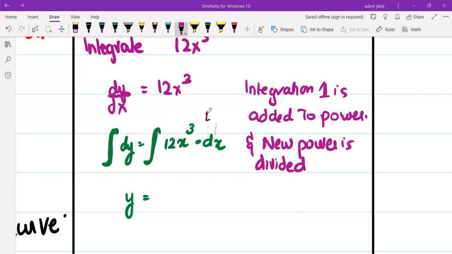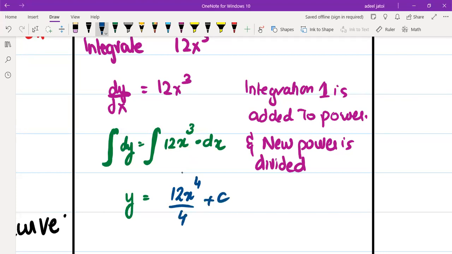So 3 plus 1 will become 4. And this 4 will be divided. I repeat, adding 1, so 3 plus 1, the new power will be 4. So 4 will be divided. So let's just write it down. 12x to the power 4, 3 plus 1 is 4, divided by 4 plus c.